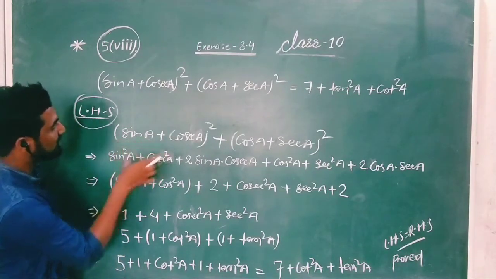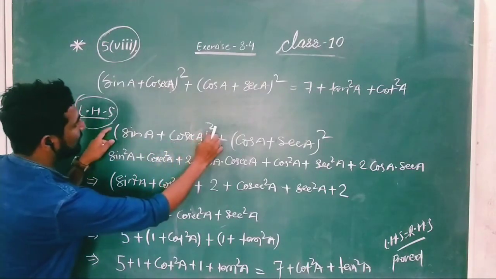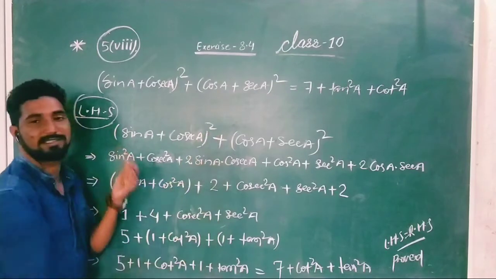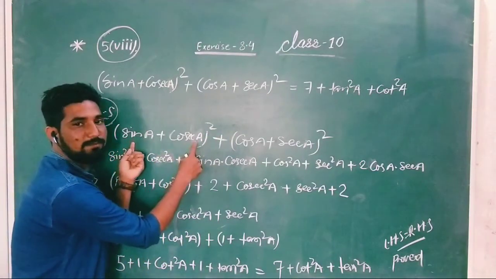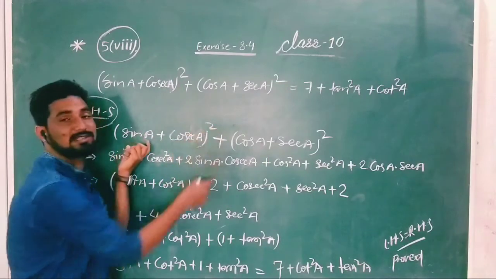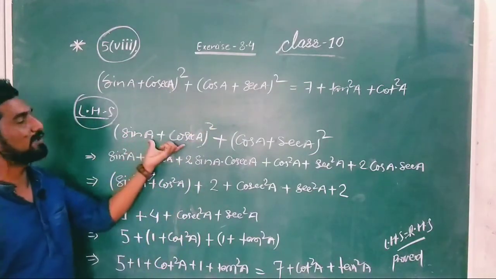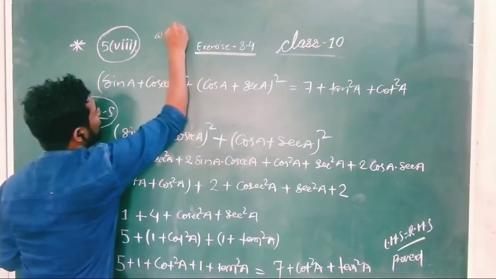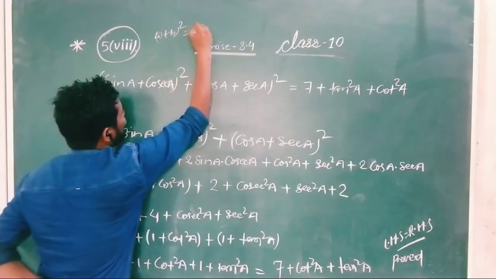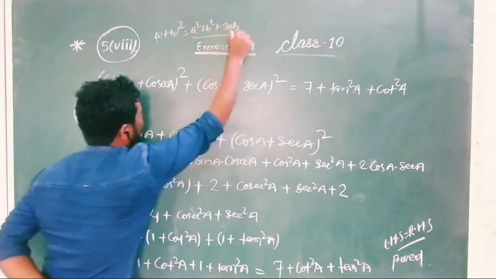You see the first term, sin A plus cosec A under the bracket, and whole square is given. So could we write it as (a plus b) whole square? क्या हम इसे a plus b के whole square की तरह से लिख सकते हैं? बिल्कुल. You must be knowing the formula: (a plus b) whole square is a square plus b square plus 2ab, and it is based on this only.